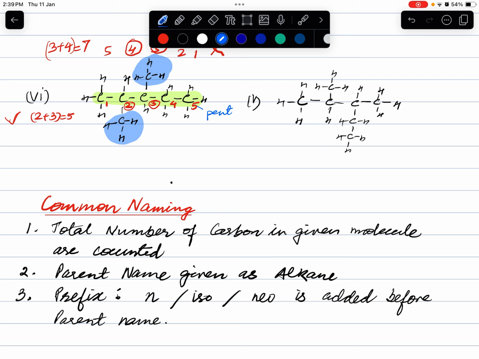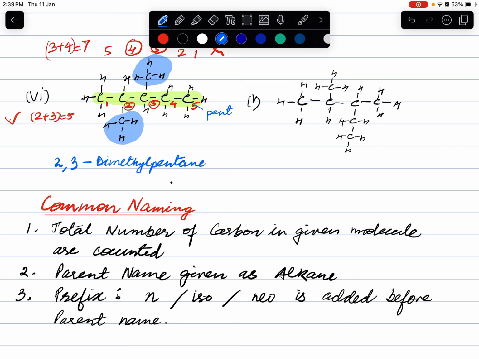So we will write position first: 2, 3, and here numbers are separated by comma. Then we have to write alphabet. So therefore we will put a dash and we will write dimethyl. And parent compound is pentane because 5 carbon atom.